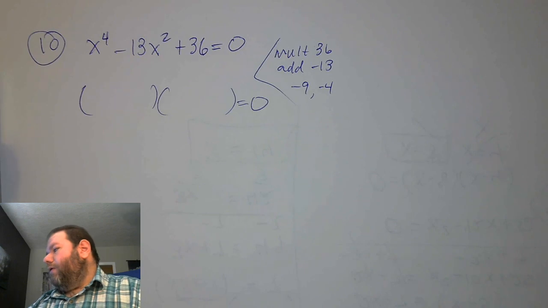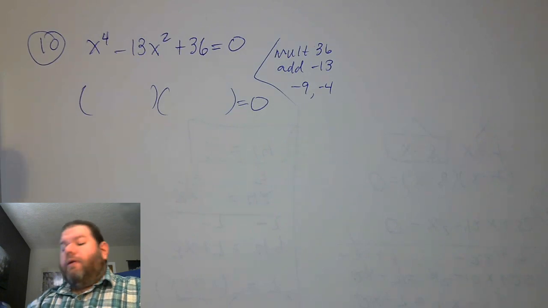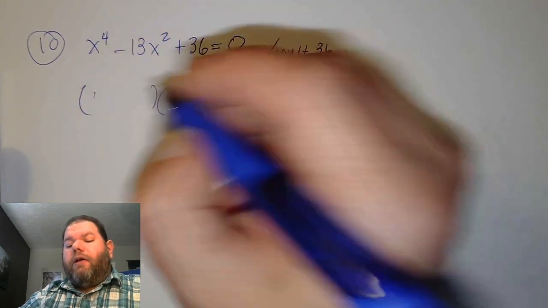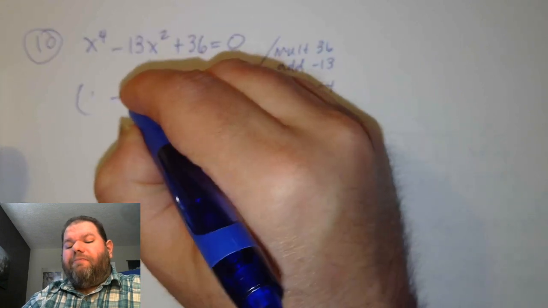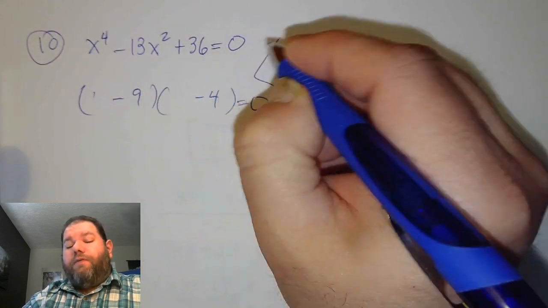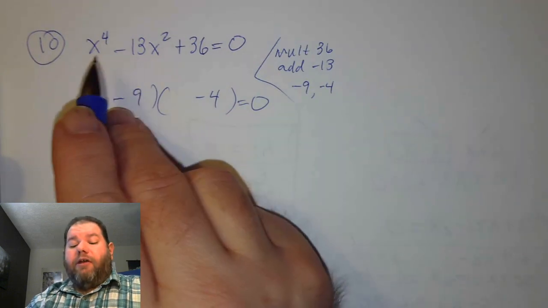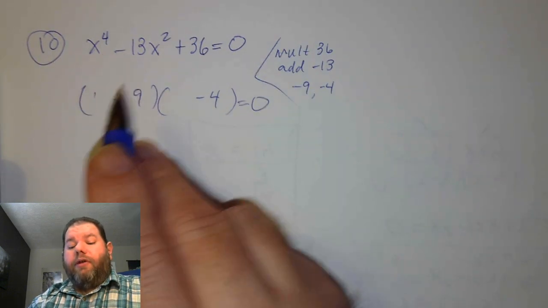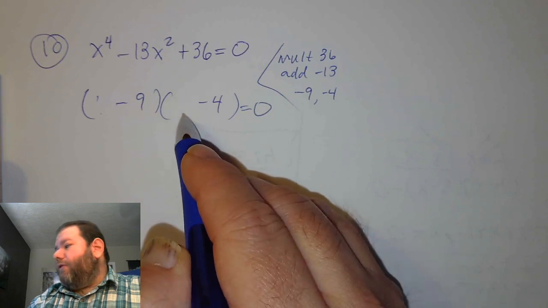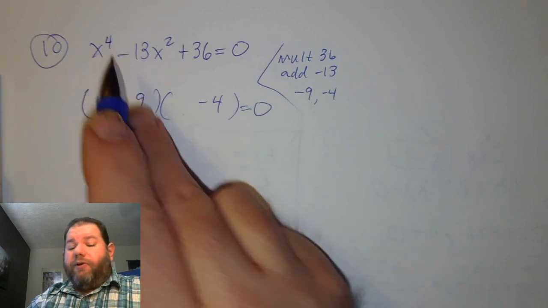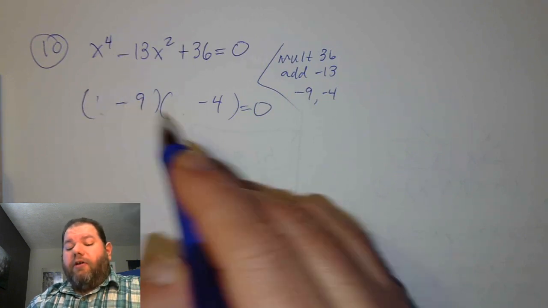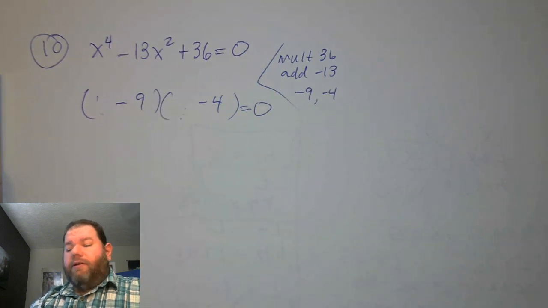Good. So x. Now, we know the factorizations minus 9 and minus 4. The question is, how do we split up the x to the 4th and make these two expressions here? If it's x to the 4th, we know it's not just x and x. What would we put there instead?